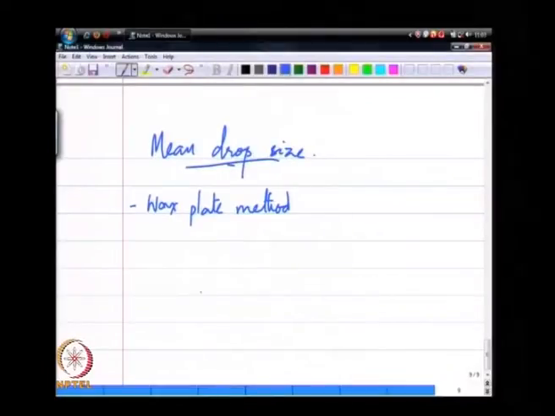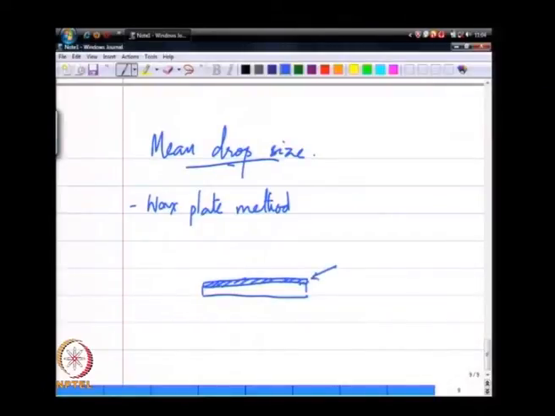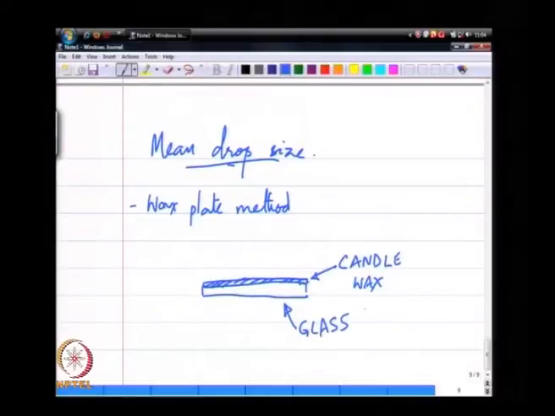You essentially take a plate, let us say like a glass plate, and coat it with candle wax. So, it is your simple candle wax, and this could be glass or some kind of a metal plate or something that you can easily heat. Okay.